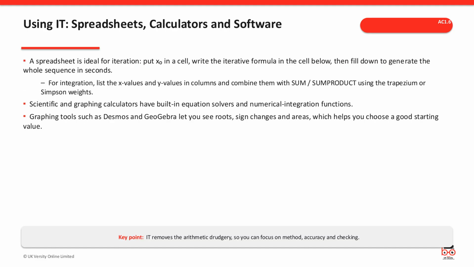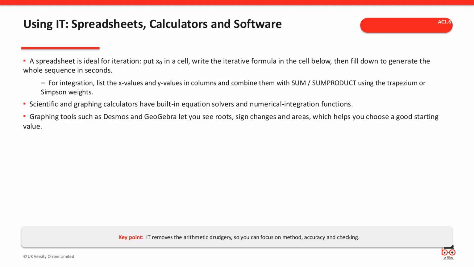In practice, you'd rarely grind through all this by hand, and a spreadsheet is perfect for it. For iteration, you put x0 in a cell, write the iterative formula in the cell below, then fill down, and the whole sequence appears in seconds. For integration, you list the x values and heights in columns, and combine them with sum or sumproduct using the trapezium or Simpson weights.